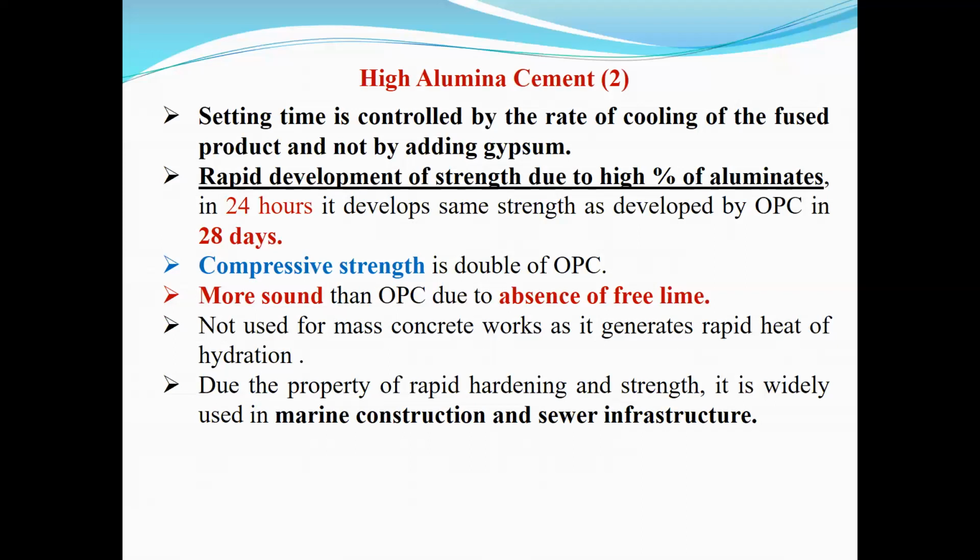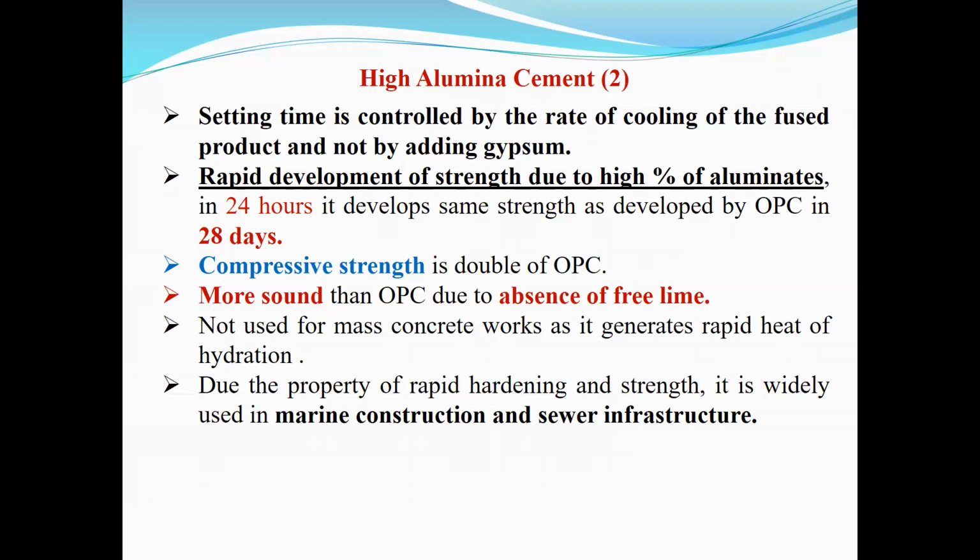But they are not used for mass concrete works because it generates rapid heat of hydration, okay? And due to the property of rapid hardening strength, it is also used in marine construction and sewer infrastructure, because in marine construction, the cement will be subjected to water and water intrusion. Also in sewer infrastructure, they will be subjected to water.